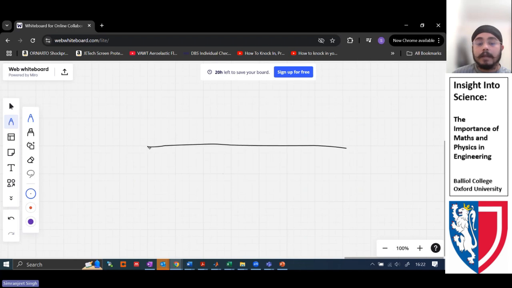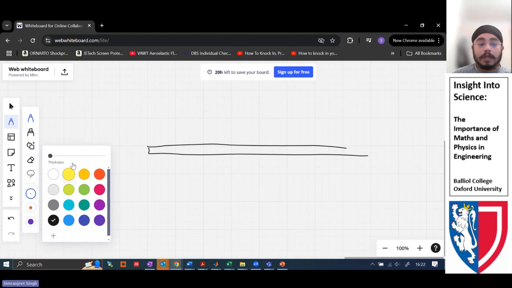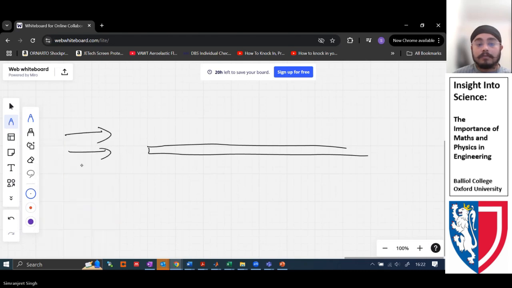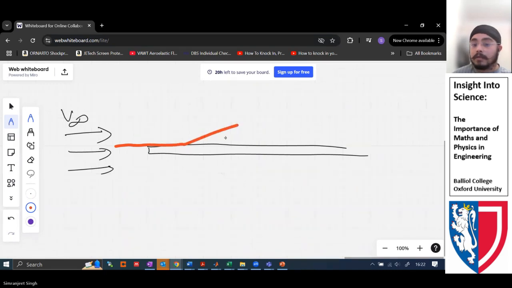Let's say it is an infinitely long plate, with a very minimum thickness. Now, we again have a V stream flowing through. If we focus on the first layer, it just stops here and then separates.